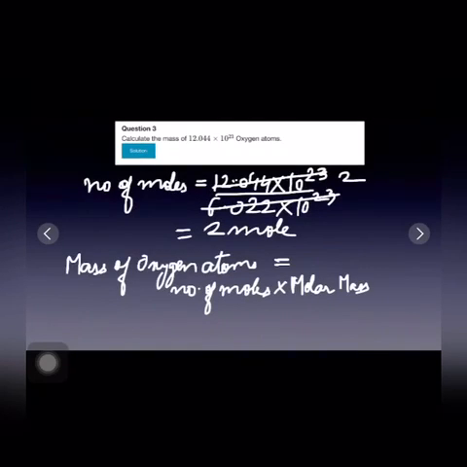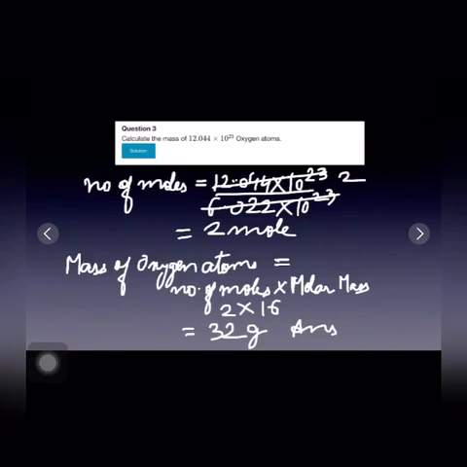Number of moles we have calculated comes out to be 2, and the molar mass for oxygen atom is 16. So when we multiply it, we get 32 gram as the mass of oxygen atoms.